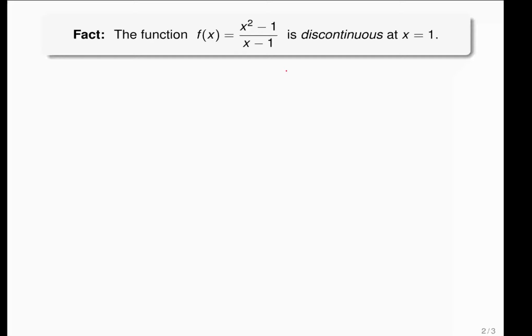This means the best that we can hope for is to study how the function behaves very, very close to x equals 1, and this is where the concept of limits can help us. Limits are often used to investigate how a function behaves close to a point without having to be at the problematic point itself.